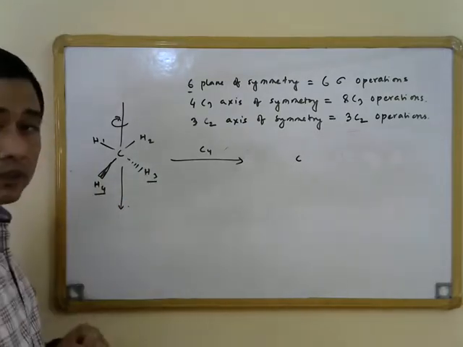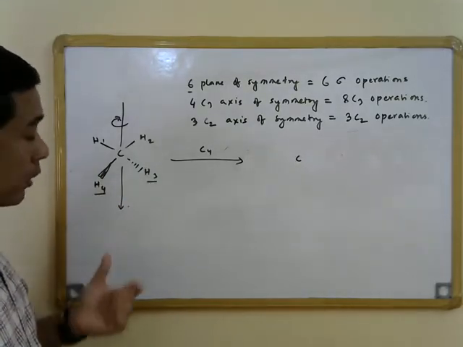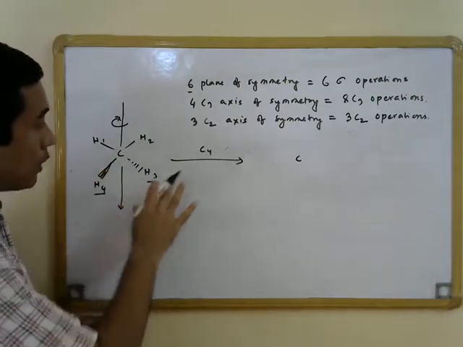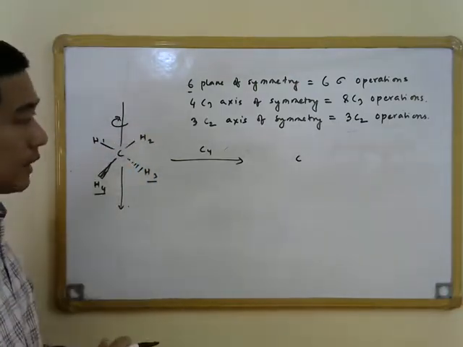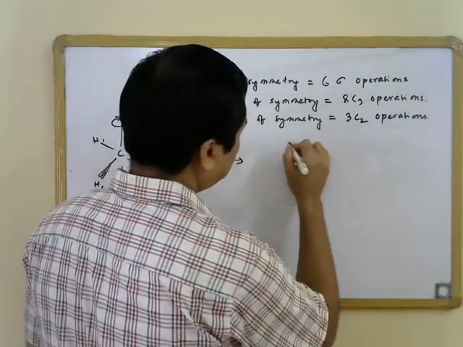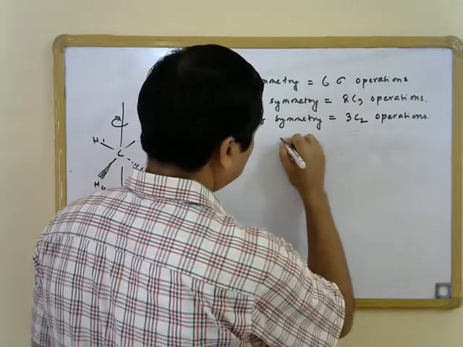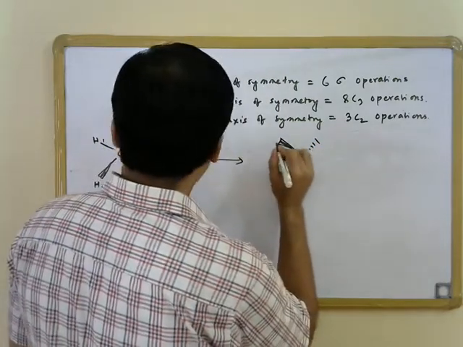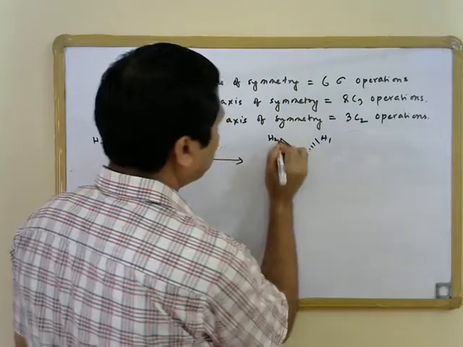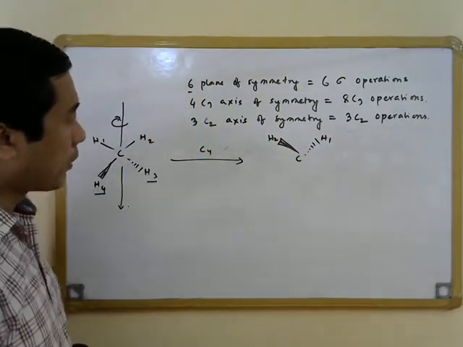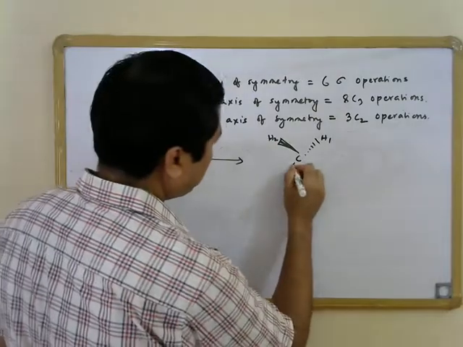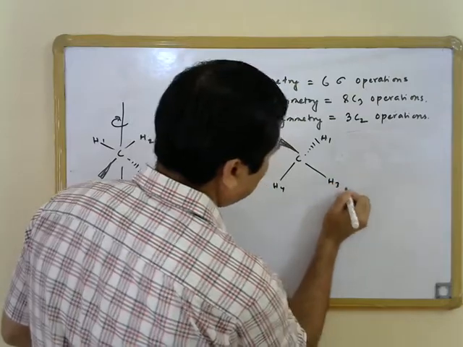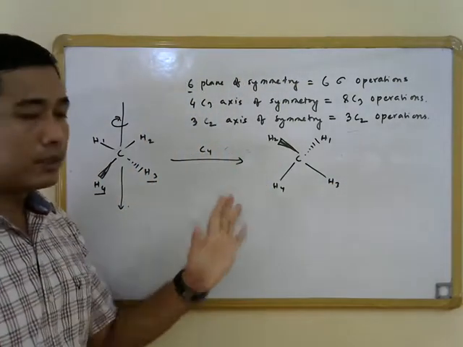Similarly, these two hydrogen atoms which lie on a plane perpendicular to the plane of the board will be placed on the plane of the board upon 90 degree rotation with respect to this axis. So the final configuration we can draw in this way: H1 and H2 are going to lie on a plane perpendicular to the plane of the board, while H4 and H3 are going to lie on the plane of the board after 90 degree rotation.